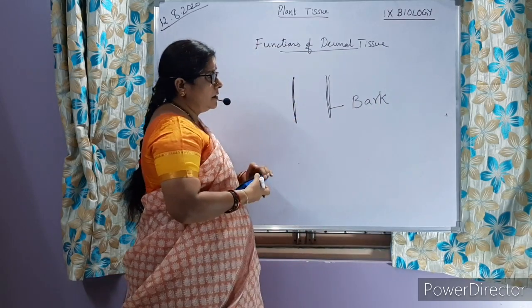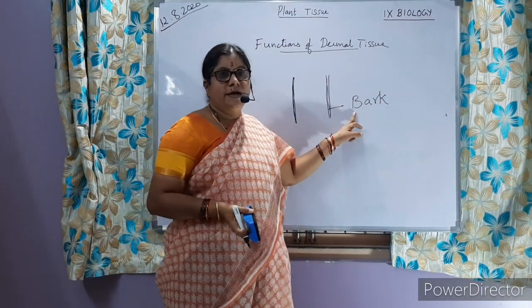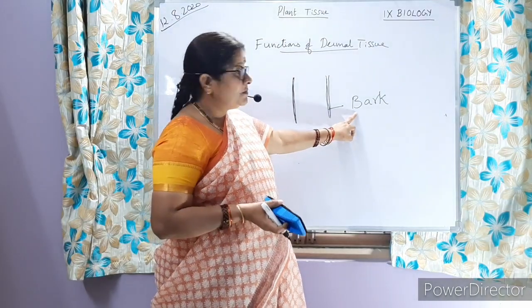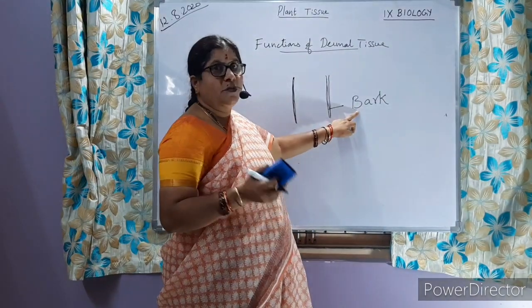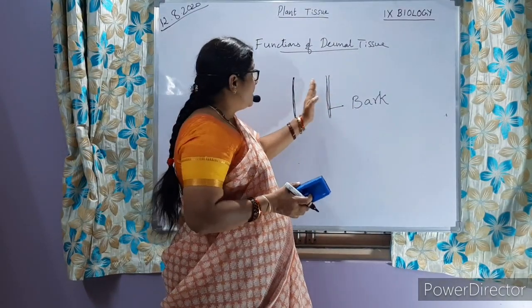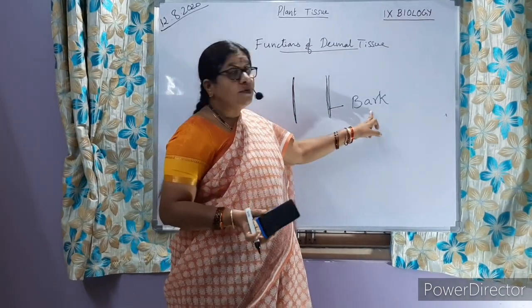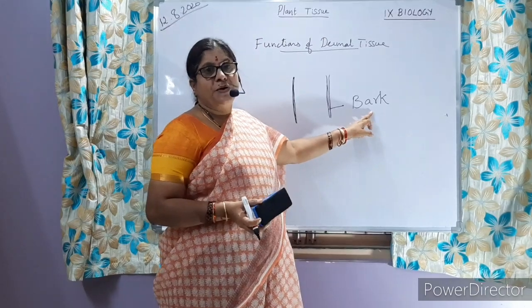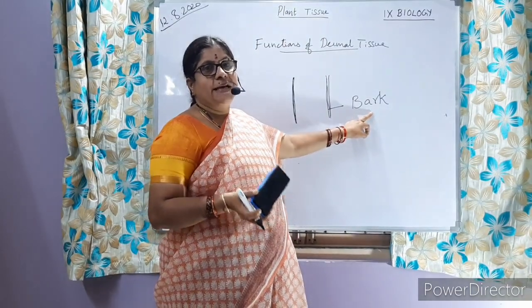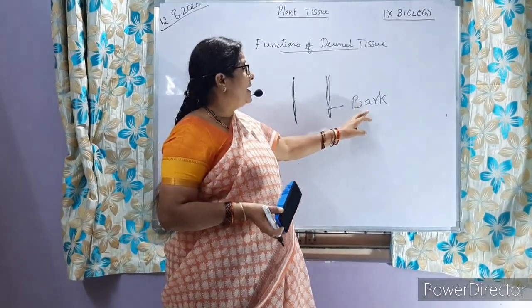What do we call it in Telugu? Beradu. Chettu beradu antam kada. So that is called bark. How is bark formed? The dermal tissue forms many layers and it forms bark, and it is giving protection to the plants. Mechanical strength is given to the plants.